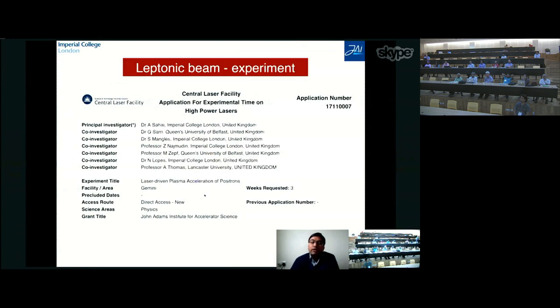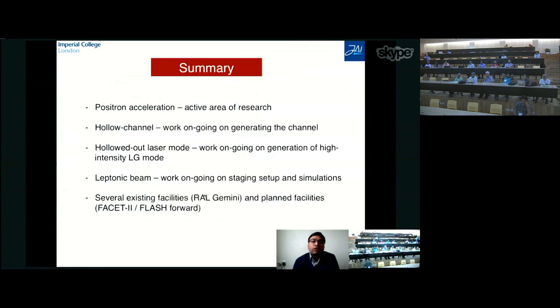So summarizing the main points of this work, positron acceleration using plasma wave is an active area of research. There is research going on both in beam-driven and laser-driven, understanding the theory of both the cases. For hollow channel, the current ongoing work is on generating the hollow channel in the plasma, which is not easy, especially if you want to use the hollow channel mode over a long distance.